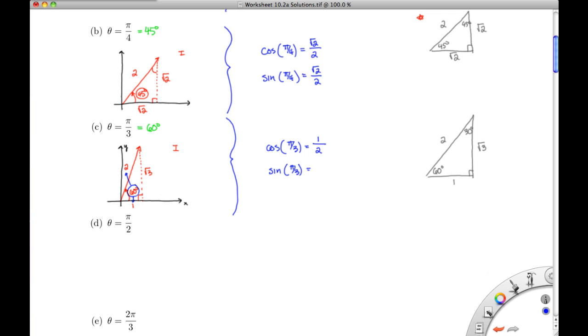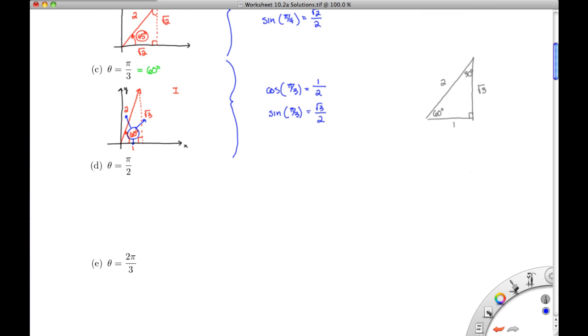For the sine, it's the opposite side, which is the square root of 3, divided by the hypotenuse, which is 2. So what we'll see here is, as long as we can properly sketch this reference triangle and remember these two special triangles, the 45, 45, 90, and the 60, 30, 90, we'll be able to answer all of these questions.